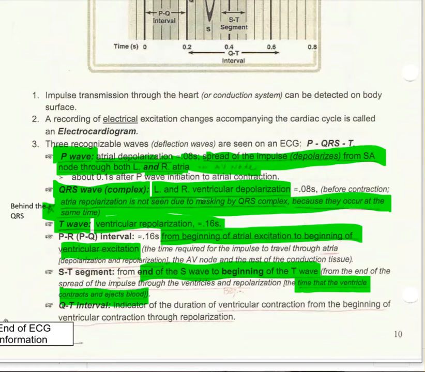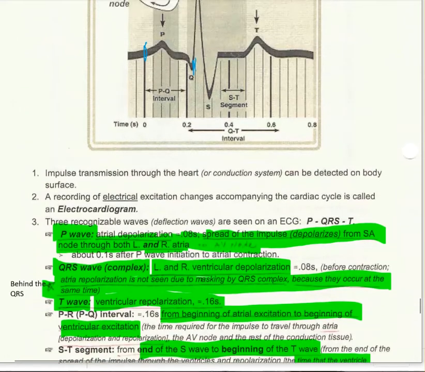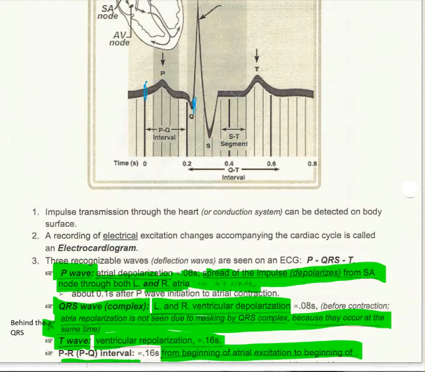This is when the ventricle contracts and ejects blood. The ST segment is approximately from about here. I don't like how this is drawn, but from the end of the S to the beginning of the T, that little gap there, that's when ventricle contraction is occurring.